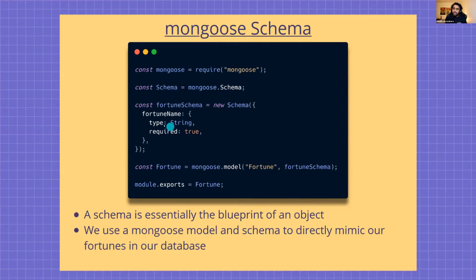As you can see down here, we define the type of the attribute, which is essentially what sort of variable type it is. It can be an integer, a string, a Boolean, you name it. In the case of fortune name, it is a string because it can be anything. It can be alphanumeric, which means any numbers or letters or a small amount of symbols.